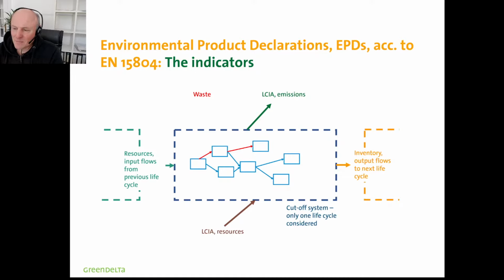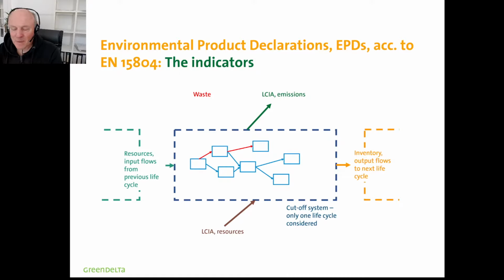And the setting in the EN is that you must focus on one life cycle, meaning you should neither award credits for releasing recyclates to the next life cycle, nor need to pay burdens if you take up recyclates from a previous life cycle.